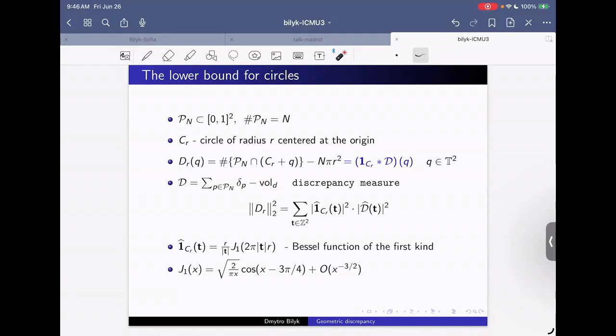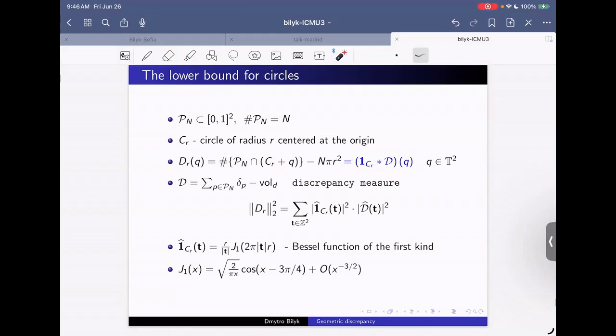Okay, and then in the very same way, you can write the discrepancy as the convolution of the indicator function of the disk and the discrepancy measure. So again, you take all possible shifts of a single disk, so fix the radius, and now consider all possible shifts of the disk.